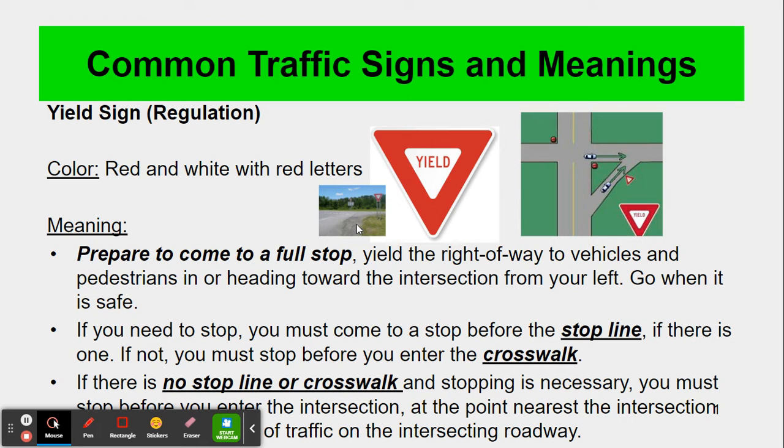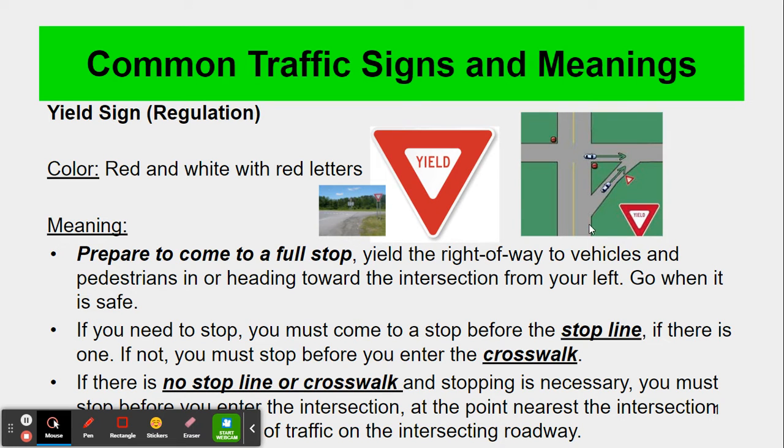The only time you do not bring your car to a full stop is when you have a yield sign. So what are you doing when you have a yield sign? You are looking over to the left. First of all, you're looking for pedestrians. You're always going to be turning right at a yield sign, unless you're merging into traffic in the opposite way.